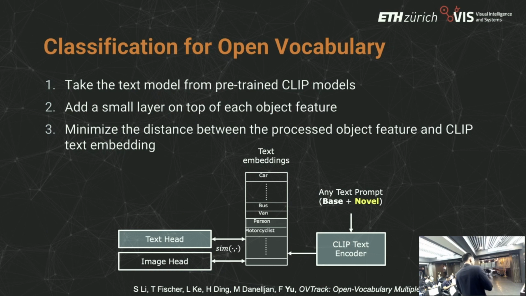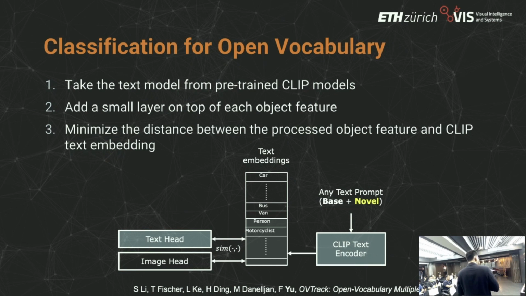This frozen CLIP text encoder can encode the text and provide an embedding that represents the concept of those categories. Then at the training phase, we want to learn an image head such that it can project the visual categories into the same space.